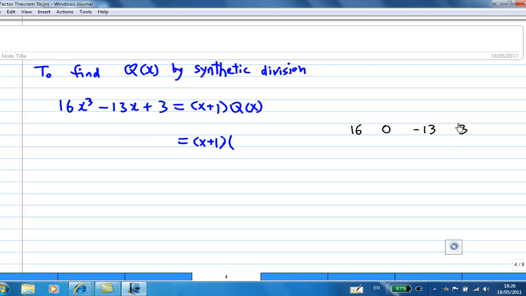Then I set x plus 1 equal to 0, which gives x equal to minus 1. So I'm going to put a minus 1 here, coming from setting x plus 1 equal to 0.